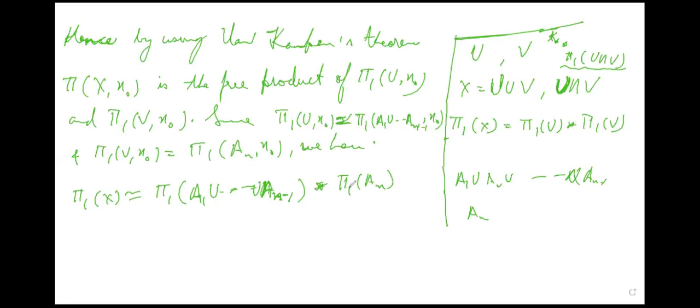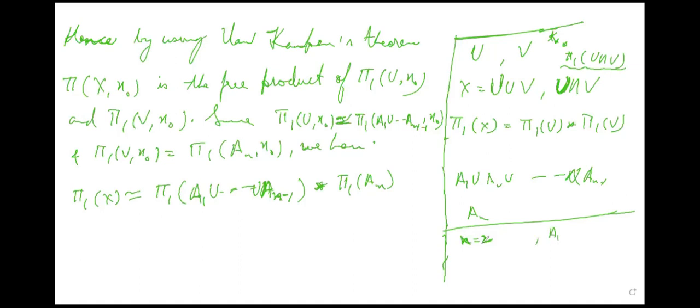Now we can use the induction hypothesis. So what hypothesis do we have to have, right? So first thing is that when k equal to 2, the result is true, right?